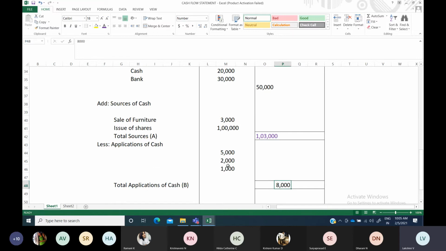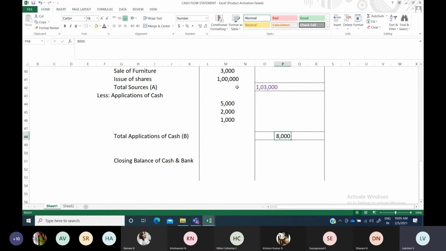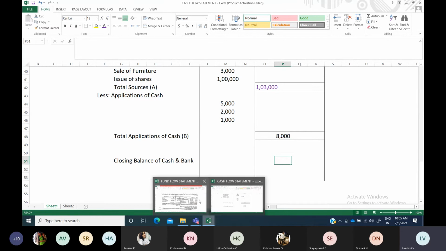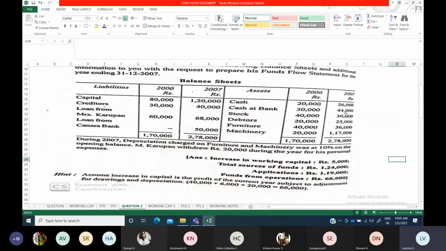After that you are going to find out the difference, that amount and whatever closing balance is available in your question. If it is only cash, this 26,000 you have to obtain as your answer, closing balance. Okay, if you are getting bank balance also, then you have to add these together and find out how much amount you are getting.